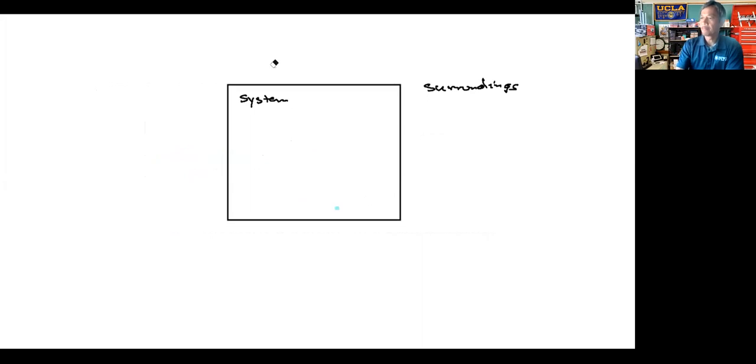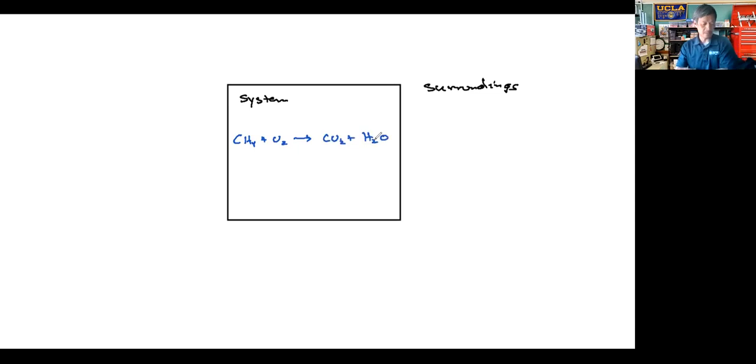We have methane burning in a Bunsen burner in a laboratory. Don't let all the words get in your way. The system here, the chemical process that we are studying, is the burning of methane. That reaction is CH4 plus O2 forming CO2 plus H2O.